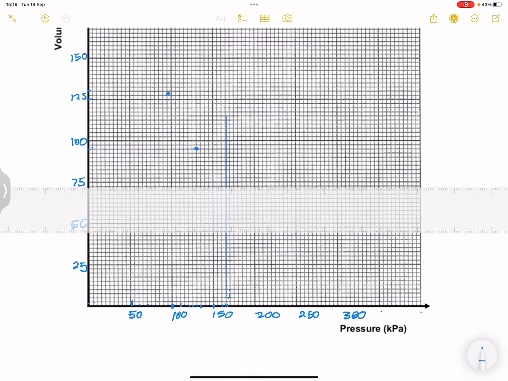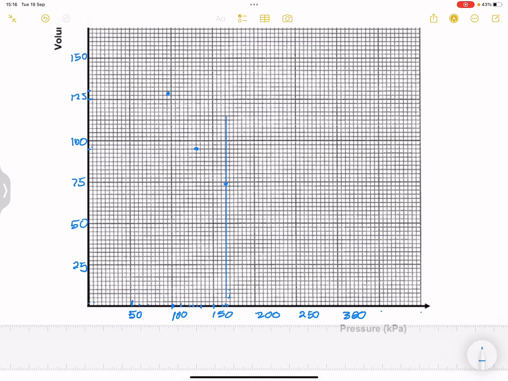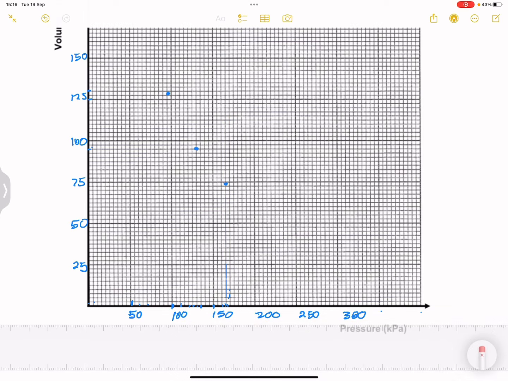So we're just going to be slightly below here, just below 75. Right, so there's our ruler. I'm just going to erase that line so that it doesn't disturb us.